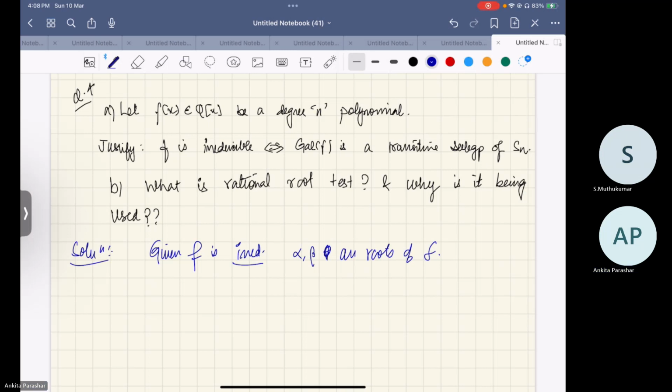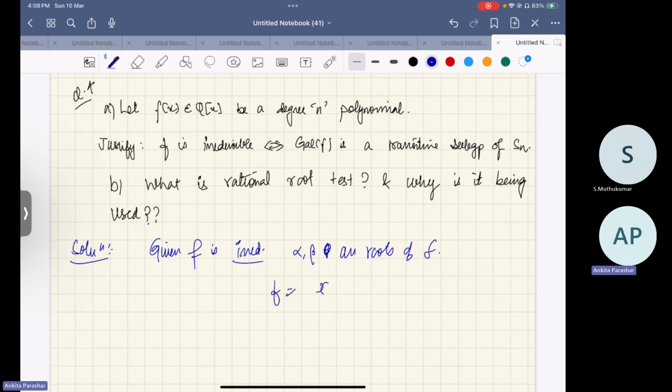Suppose f has repeated roots, then your polynomial should be written like this. Can you use this description of f to say whether that is possible when f is irreducible? No, right?